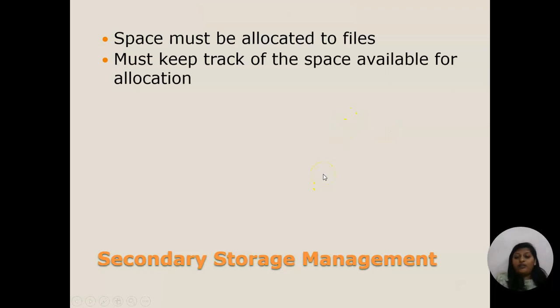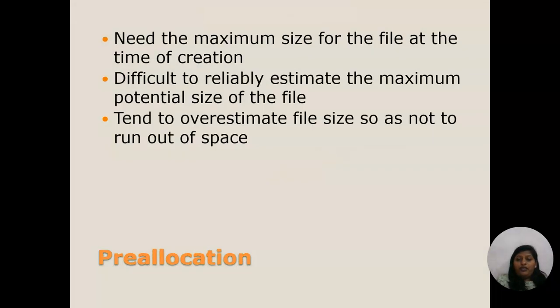Then secondary storage management. Space must be allocated to files, and we must keep track of the space available for allocation. Pre-allocation means we need the maximum size for the file at the time of creation. So previously allocating things, it is difficult to reliably estimate the maximum potential size of the file.